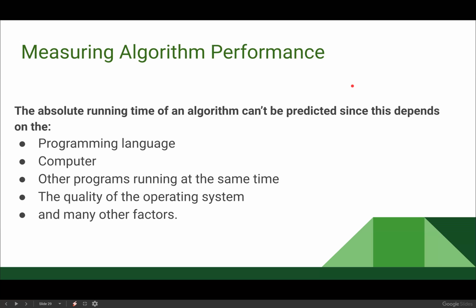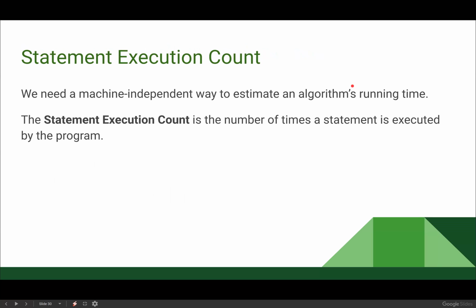So a more useful metric would be some way that is independent of machines, so we don't have to keep track of specific computers. We can analyze our code itself to see what would be the more efficient algorithm. And we can do this using something called the statement execution count.